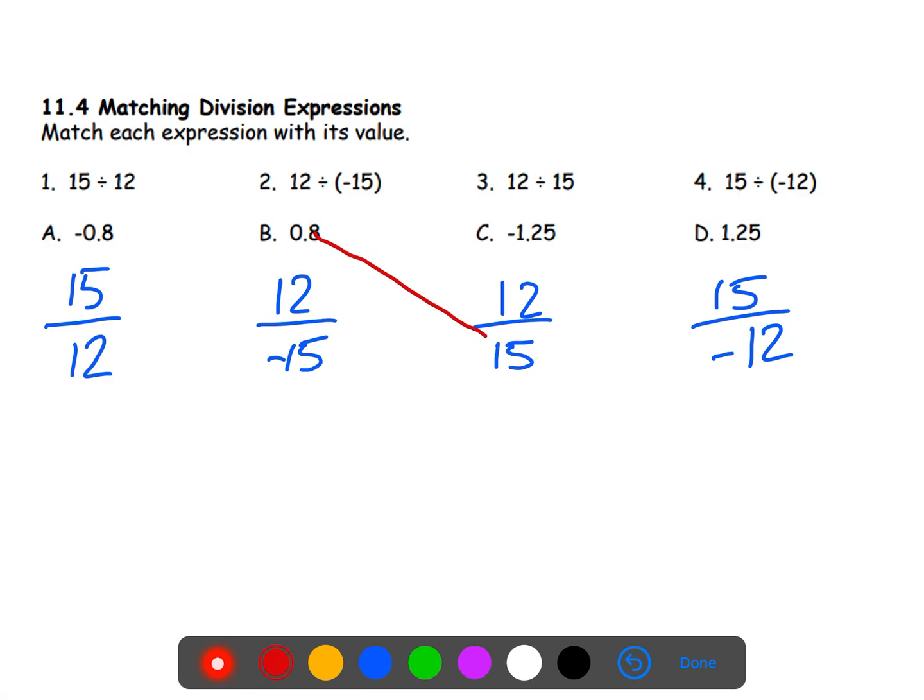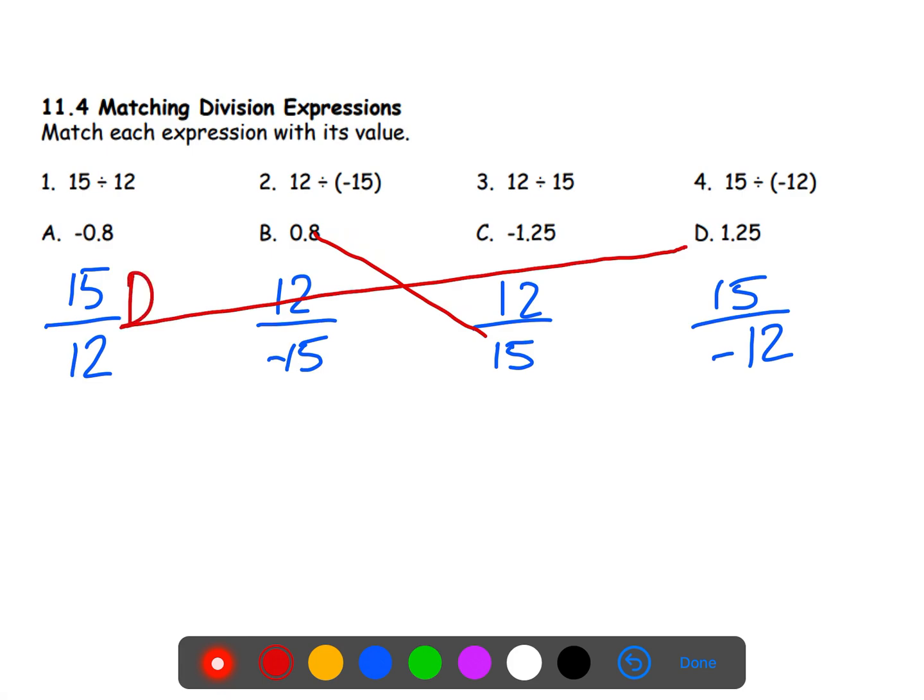Now, if we look at the reciprocal, 15 divided by 12, 15 twelfths, this is greater than a whole number. And then this answer here would be greater than a whole number, D. So D would represent that one over there.